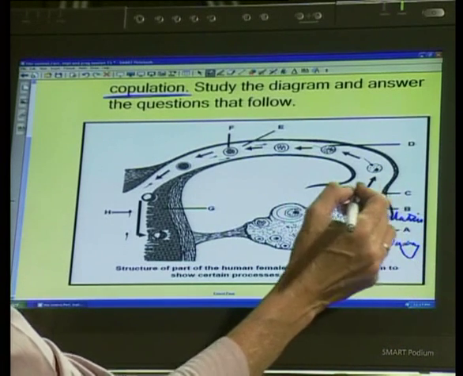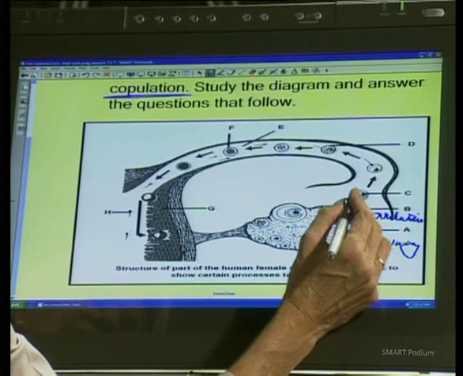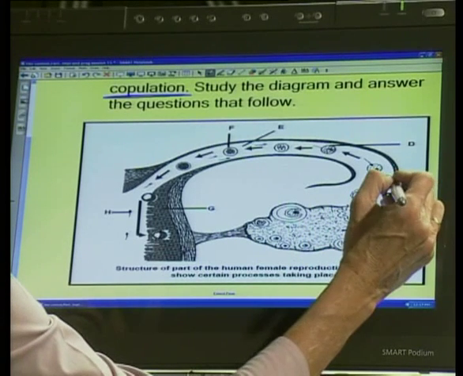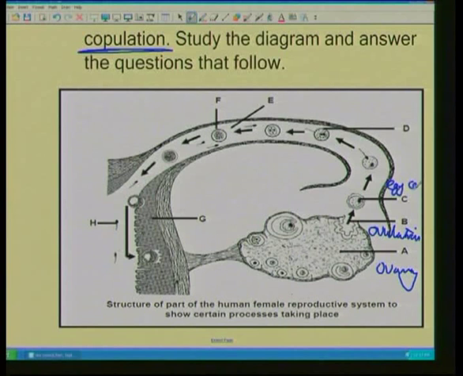Okay, if we look at C, what is that? That's going to be our little egg cell, or we can call it an ovule. All right, D, fertilization has taken place, so this is my fertilized egg cell, so it's my diploid zygote. Okay, now E and F. F, at this point here, we're looking at our morula.